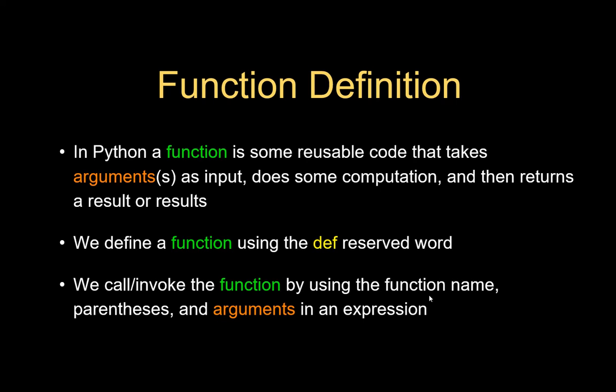Again, as we discussed, we define the function using the def reserved word, and we can invoke or call a function by using the name of the function and the parentheses which come in front of it, and we pass any argument to that function if we need to.